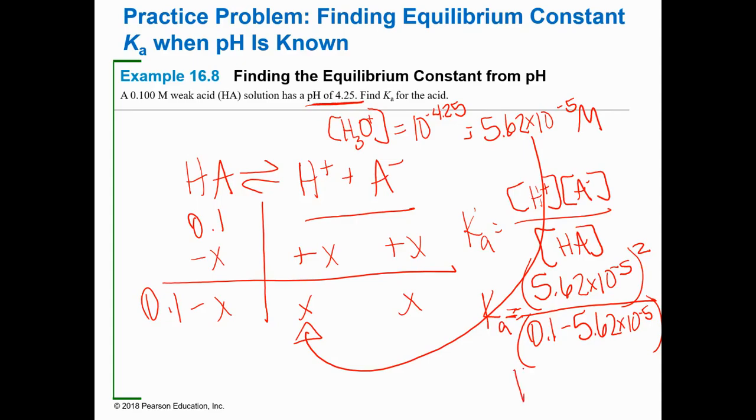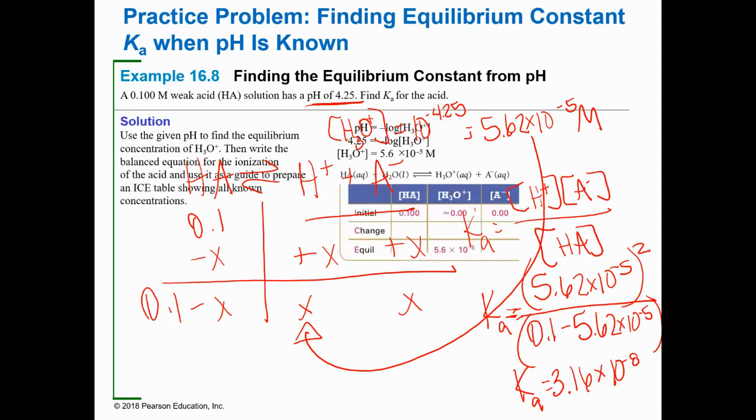Okay, and I get that Ka is 3.2 times 10 to the negative, really it's 3.16 because of sig figs, times 10 to the negative 8. Ka's do not have units. Neither does K, neither does pH.